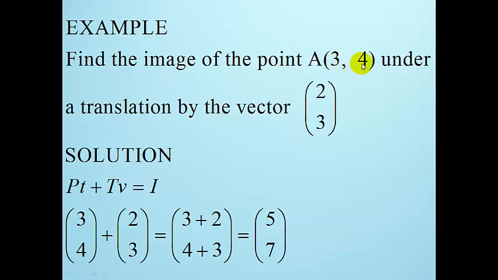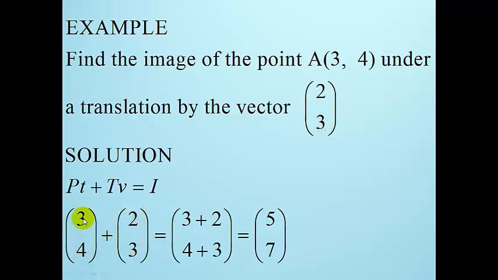The x coordinate is 3 and the y coordinate is 4. Now we are given the translation vector (2, 3). We know that when we add our point to our translation vector, it is equal to the image. So we have (3, 4) plus (2, 3).